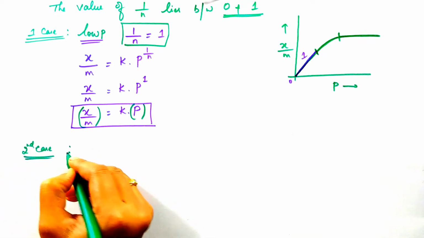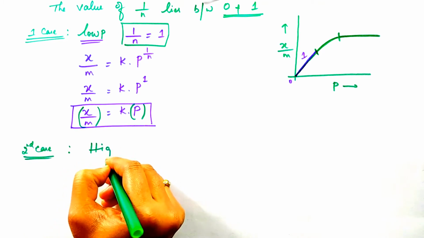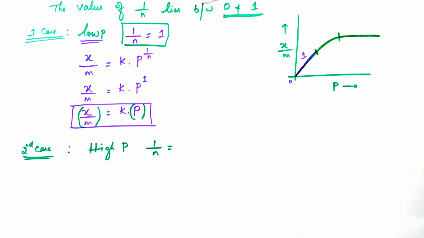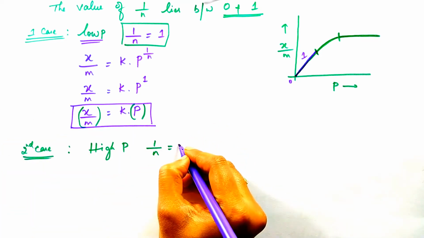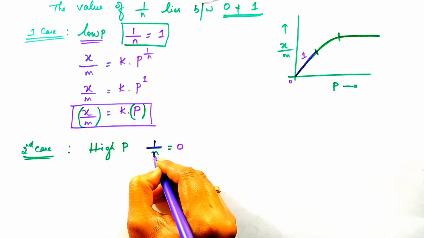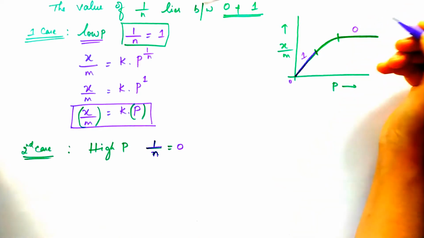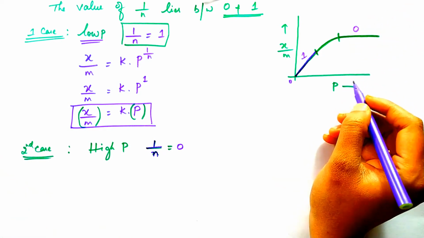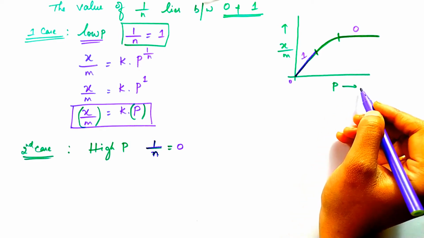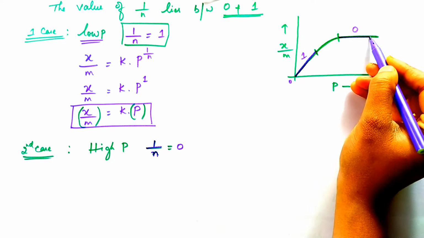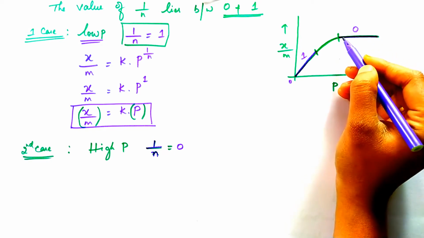At high pressure, the 1 by n value becomes 0. Why does it become 0? See here, as the pressure increases, the extent of adsorption remains constant.